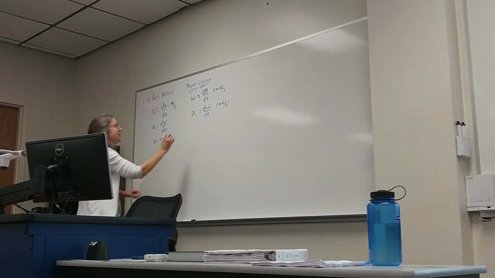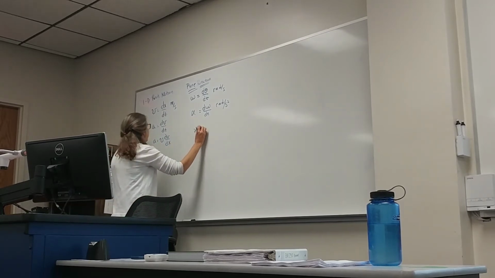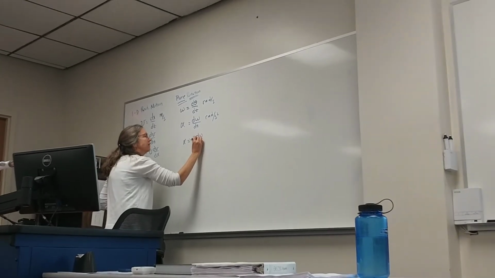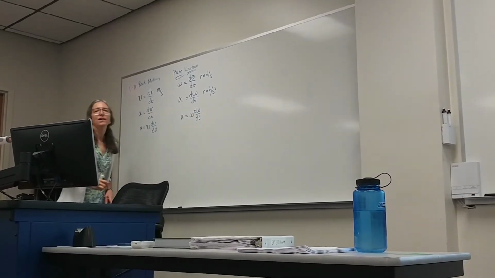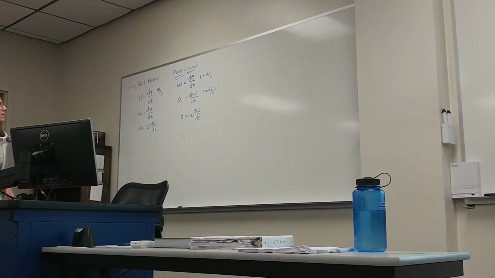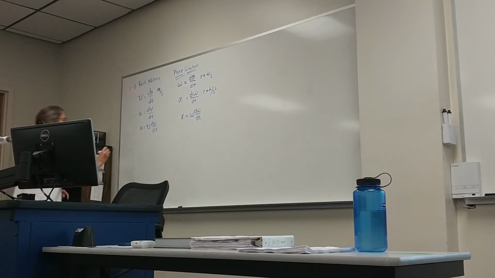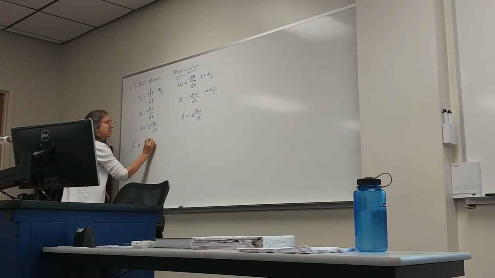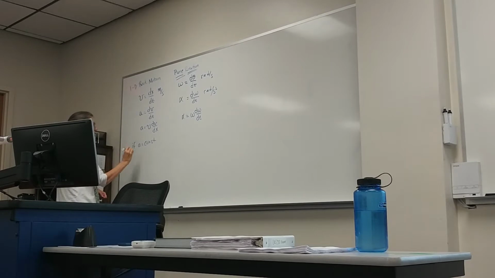And then kind of the same thing, and also radians per second squared. And we'll find that if alpha is equal to a constant, then we have this set of equations.